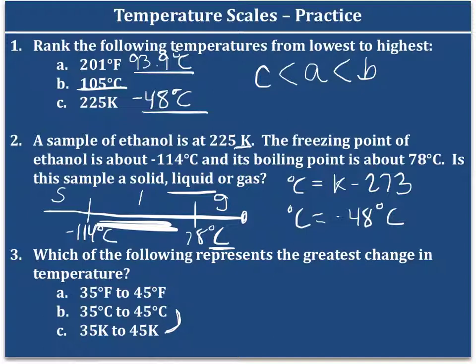But with the Fahrenheit, we know that if we change 1 degree Fahrenheit, that's less of a change than 1 degree Celsius. So if we change 10 degrees Fahrenheit, that's less of a change than changing 10 degrees Celsius or 10 degrees Kelvin. So the greatest change would actually be a tie between B and C.